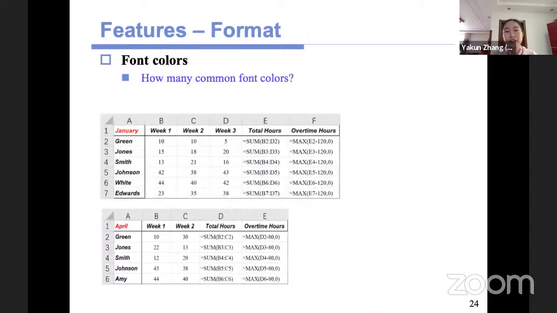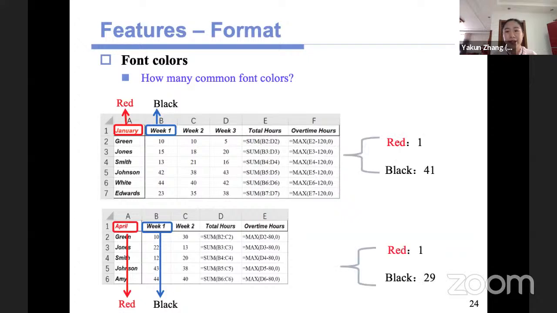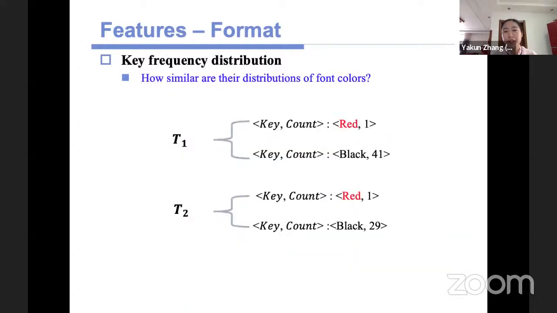Format information is also an important feature. We select font colors as a format feature. You can see that the font color of cell A1 is red and the font color of cell B1 is black. We analyze all cells in a table and summarize the information. For each table, we build a key-frequency list of font colors to do the summary, and the similarity calculation is as follows.